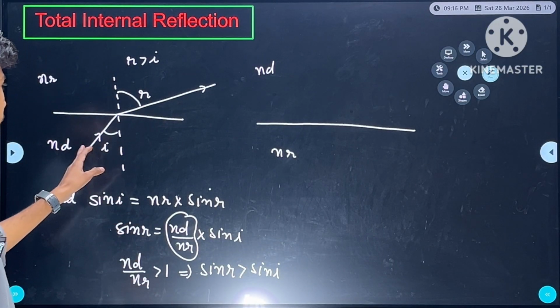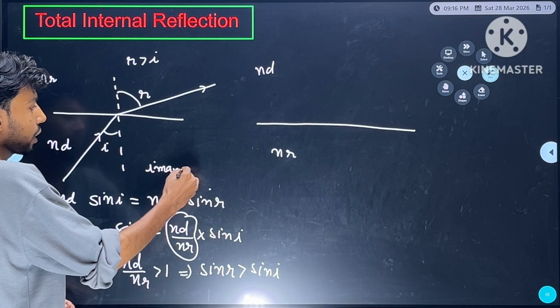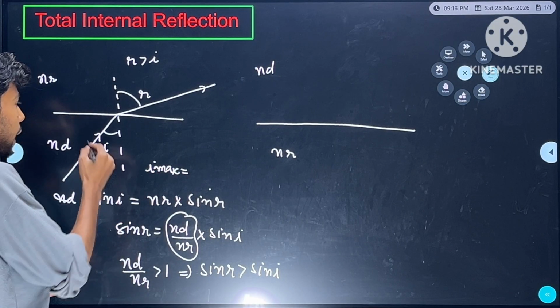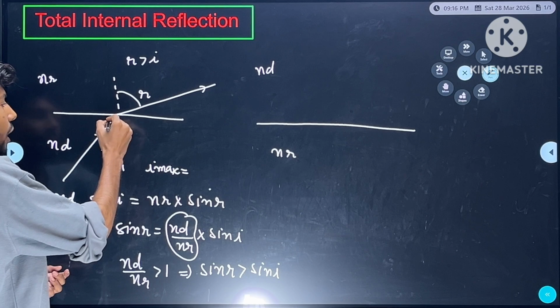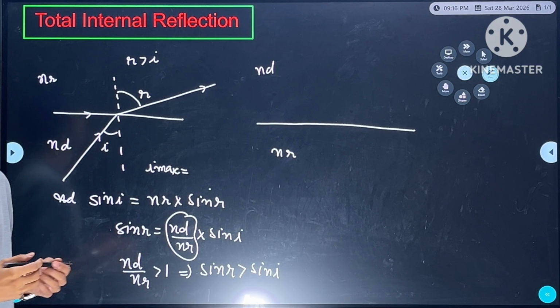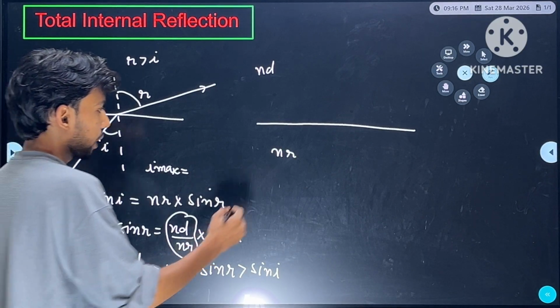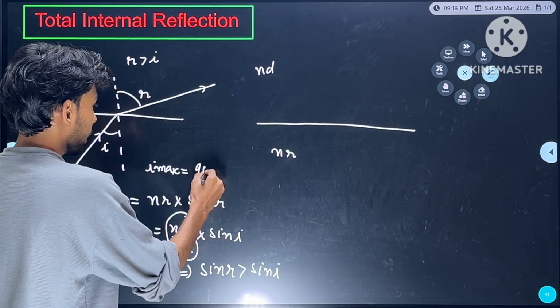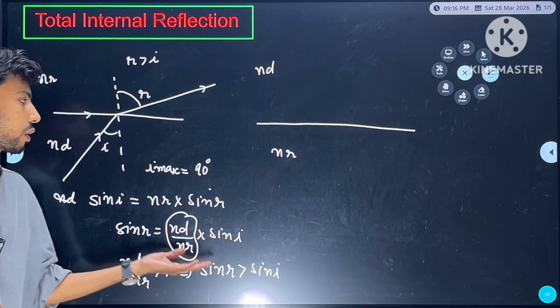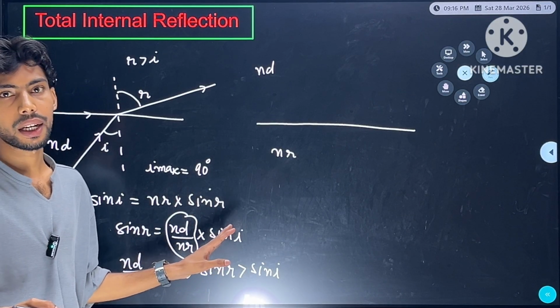And here you can see that maximum value of I, what can be the I maximum? If light ray is incident here, then I will increase. Maximally, this light ray can be incident along the boundary of the two media. In that case, I maximum will become 90°. So I can write that I maximum value is 90°. So of course, this R value can be greater than 90°, but I is always less than 90°.